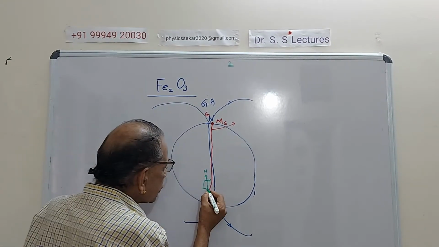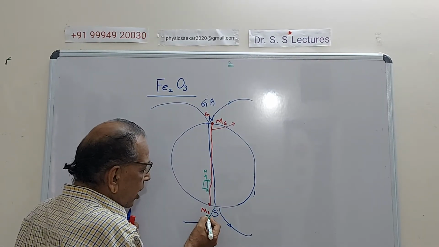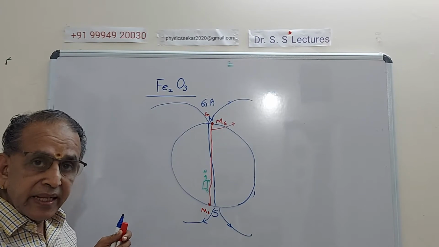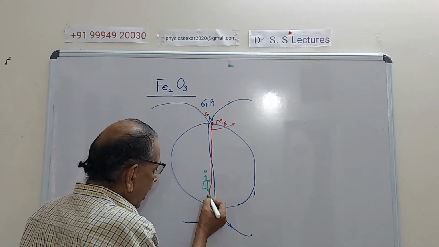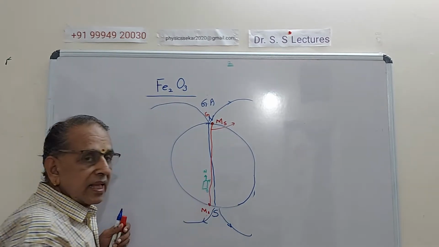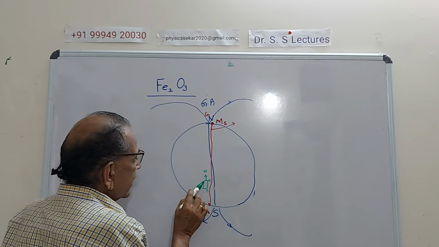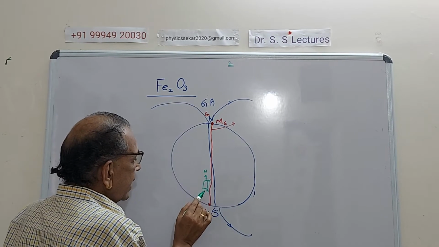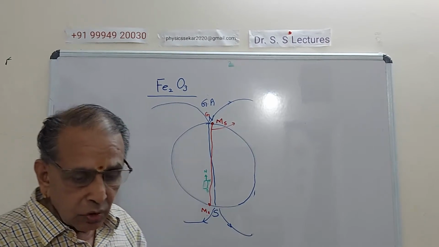The south pole of this tiny magnet is attracted by the magnetic north of the earth, which is situated near the geographical south. Therefore, this is always pointing towards the southern direction. Hence, we call these the magnetic north and magnetic south, the north pole and the south pole.